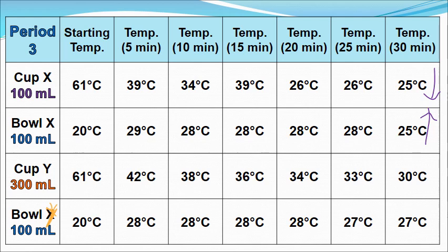That should say bowl Y right there. So in cup Y, the temperature goes down, but it does not go down as much as it did in cup X. And then bowl Y increases temperature, and it increases temperature more than bowl X did. Well, remember that cup Y was larger, had more water molecules in it, so there was more energy available for transferring.